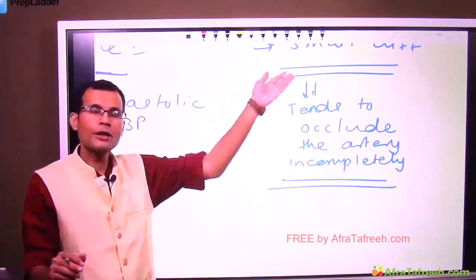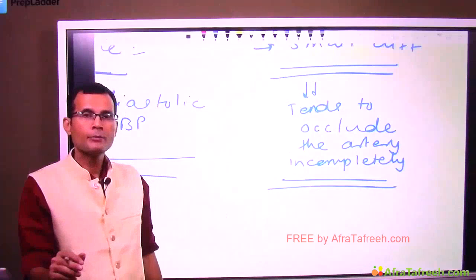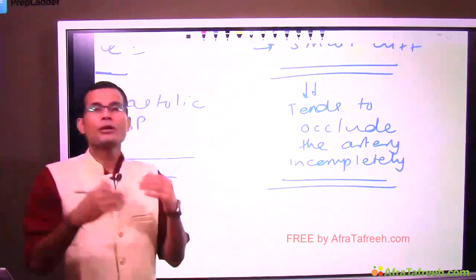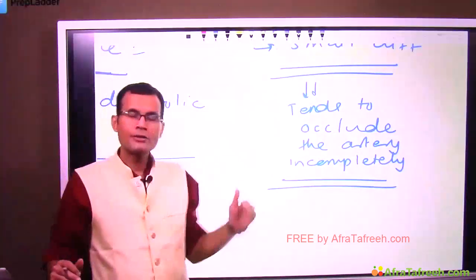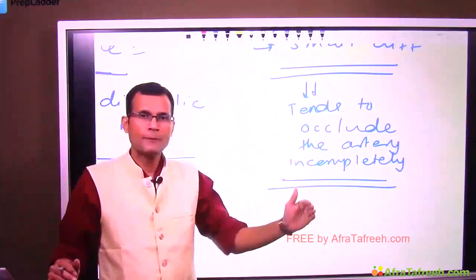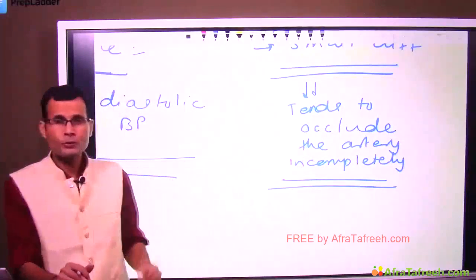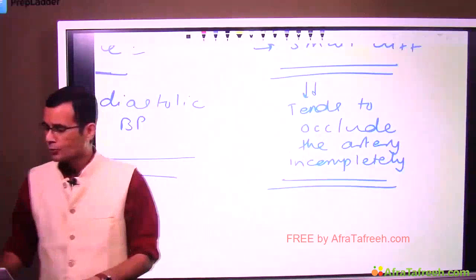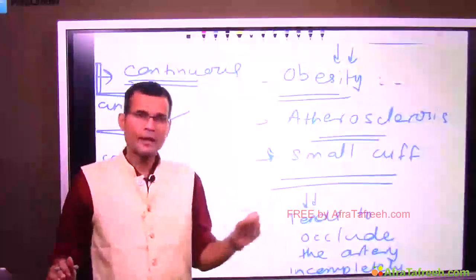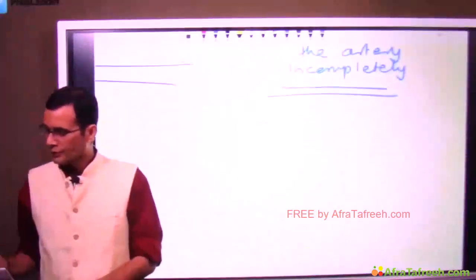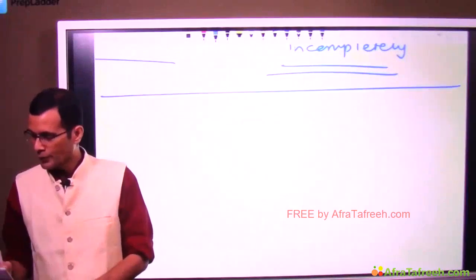Then only it will occlude the artery completely, and therefore you are likely to get an erroneously higher blood pressure as compared to the actual pressure. Okay, small cuff is likely to give you this error, higher pressure measured by the sphygmomanometry.